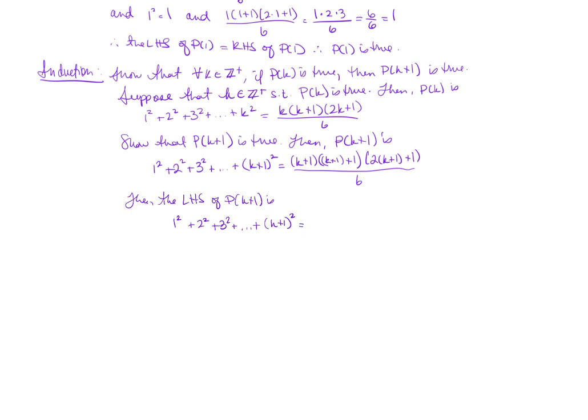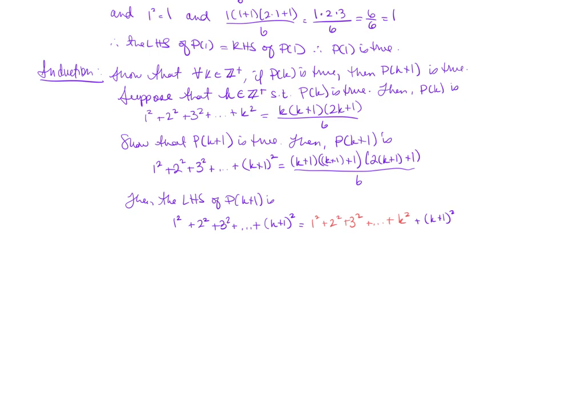And once more, we know that that's the same as the sum of the first k terms plus the (k plus 1) term. So our first k terms are 1 squared plus 2 squared plus 3 squared plus all the way up to k squared. And then we added this (k plus 1) term to get to the sum up to k plus 1.